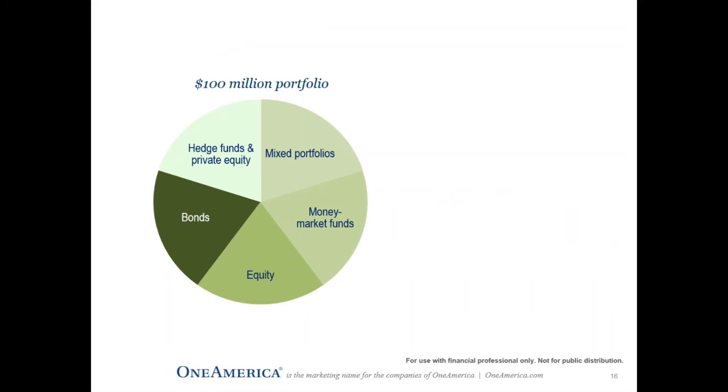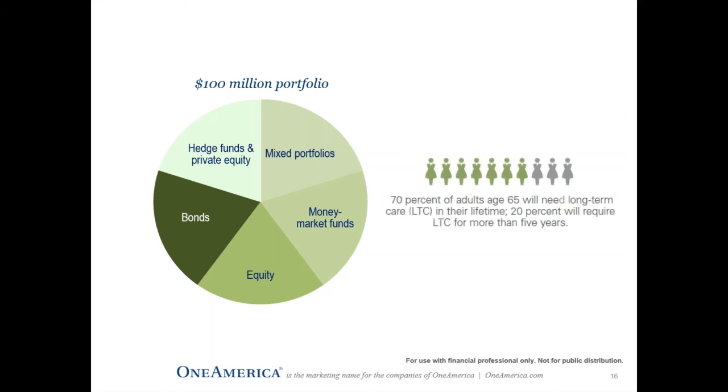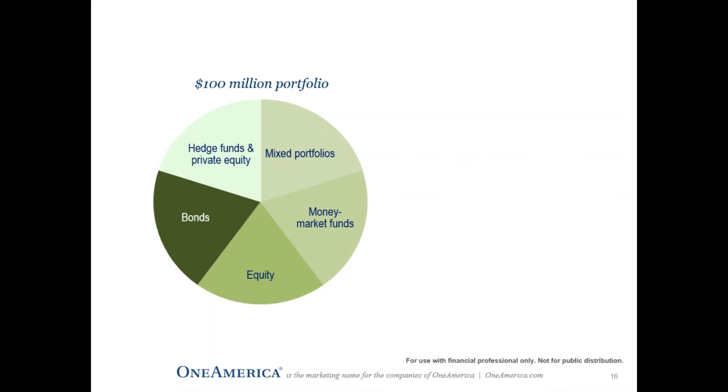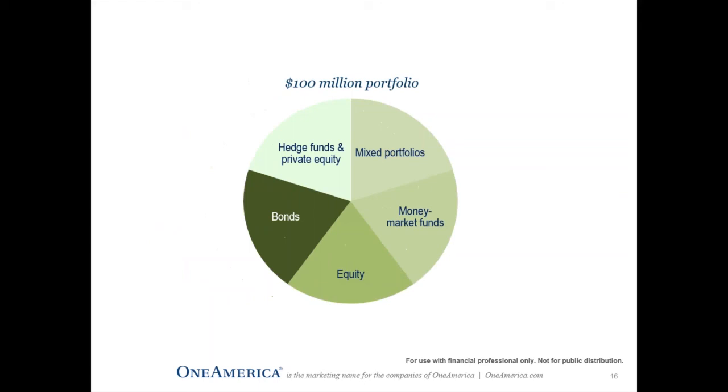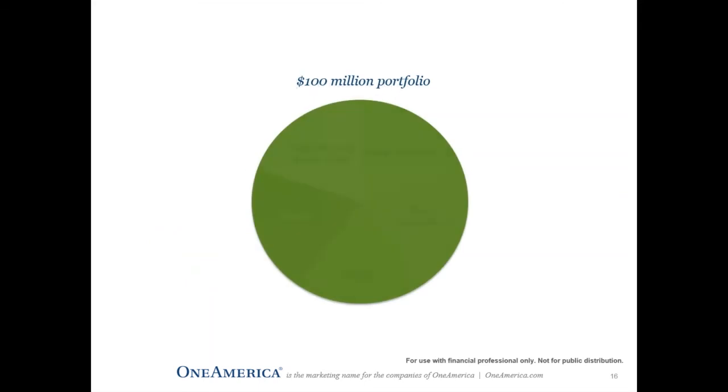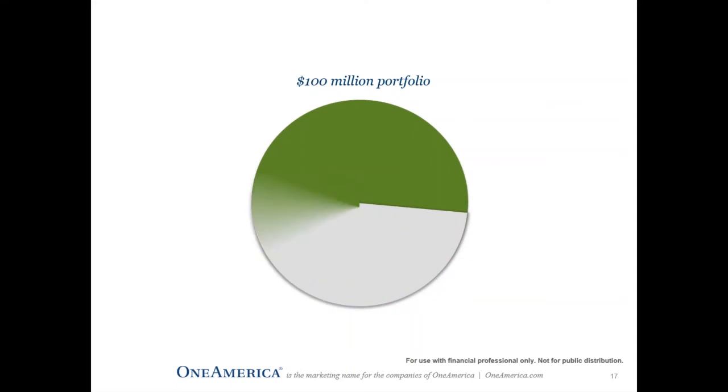So when you think about this, this $100 million portfolio can, I think, easily be chewed up on long-term care expenses. And that's a direct impact on revenue to your practice, and it's even more direct to the income that your clients can generate in retirement. So we like to think about long-term care and asset-based LTC being really a shield to protect not only your client's assets, but also to protect the assets that you manage as well.